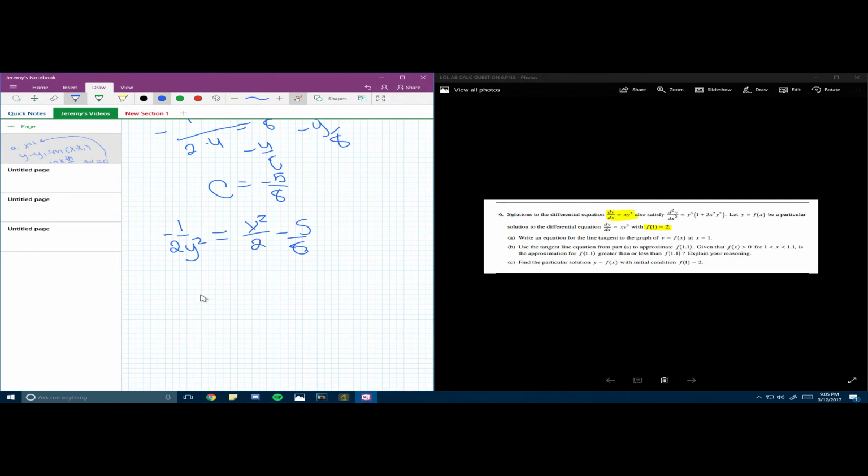We're going to multiply by negative 2, we get y squared is equal to negative x squared, and that positive times negative makes it a negative. Negative times negative makes it positive. 8 divided by 2 is 4. Alright, so this is what we have so far.